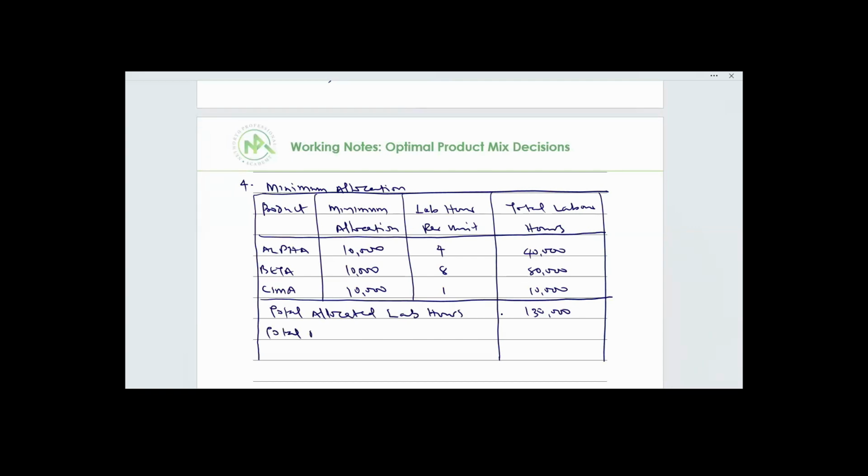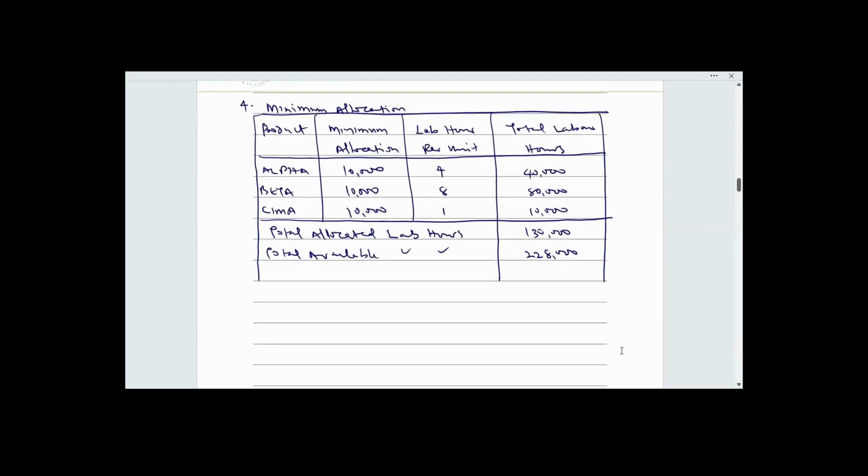The difference should be 98,000. That's the balance available, the surplus. It is this balance you are going to reallocate based on the ranking. So we are left with 98,000.